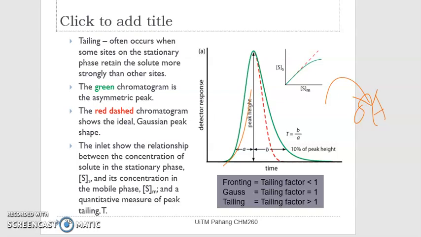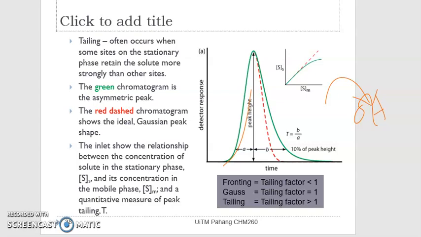So the green chromatogram is the asymmetric peak, and the red dash is the ideal peak, which is based on the Gaussian peak shape. The inlet shows, look at here, the relationship between the concentration of solute in the stationary phase and its concentration in the mobile phase, and the quantitative measure of the peak.